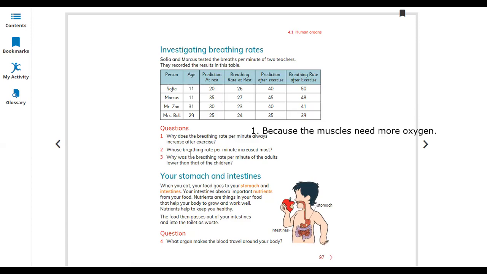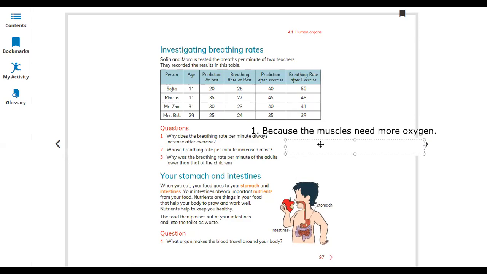Why? So whose breathing rate per minute increased most, the adults or the children? Obviously, you can find for the child Sophia, it's 50. Okay, so just write about her, Sophia. As compared to the boy, the girl needs more.